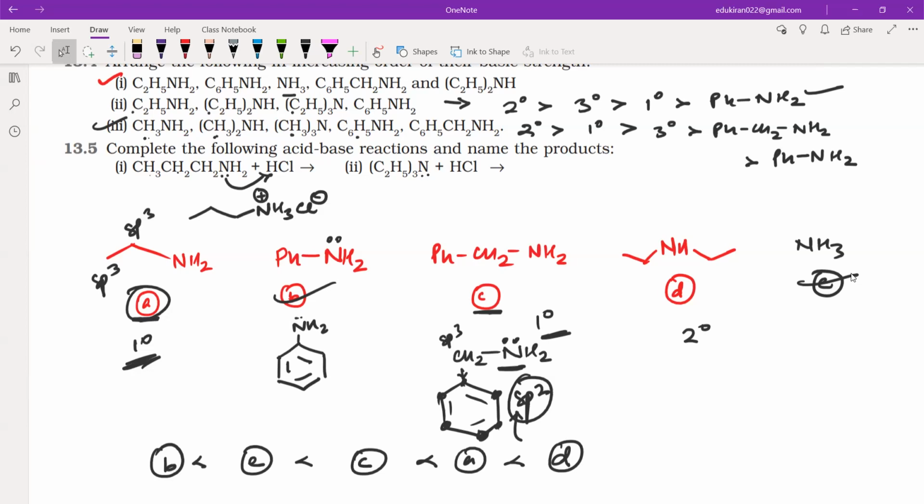Here also we have lone pair electrons. They will attack on hydrogen, forming nitrogen with C2H5 thrice and 1 hydrogen, and since it is forming 4 bonds, it will get a positive charge and Cl negative. This is the basic character of amines, basic reactions of amines. Whenever you have HCl, any acid, the amine is going to be the base, so we'll do a simple acid-base reaction.